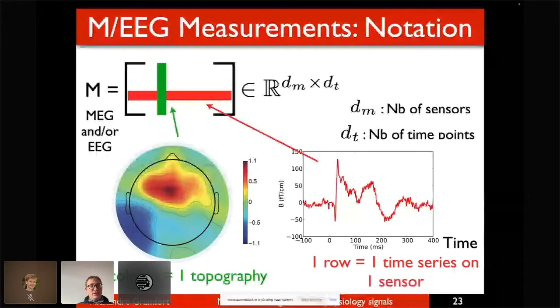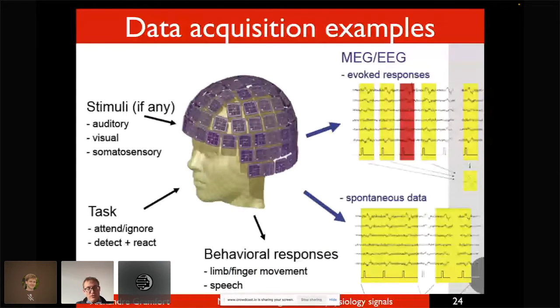Okay, so the data acquisition example, you have different types of protocols. Of course, you can do spontaneous data and resting state data, or just monitor patients suffering from epilepsy, or just monitor people when they sleep. But I'd say a lot of the experiments are actually conducted with a clear protocol, where the subject is experiencing a number of stimuli and has to sometimes perform some active tasks.